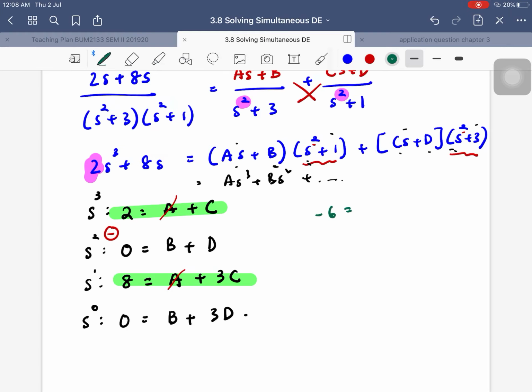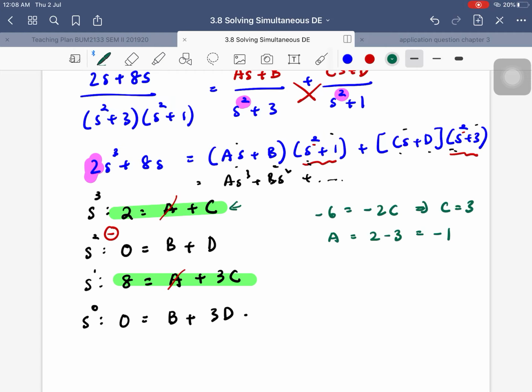And I'm going to have C minus 3C, that is going to equal negative 2C. So my C value is going to equal 3. So that is going to be my first constant. And using the first equation, I'll get that A is going to equal 2 minus 3. So my A value is going to equal negative 1. That is going to be my value of A and C.